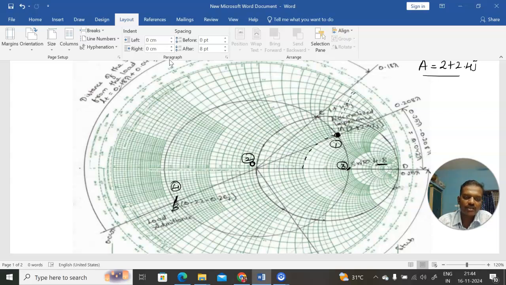Okay, so as you all know, for the real value you are supposed to trace it back to the center line here, and for the imaginary value you are supposed to trace it back to the outermost line.